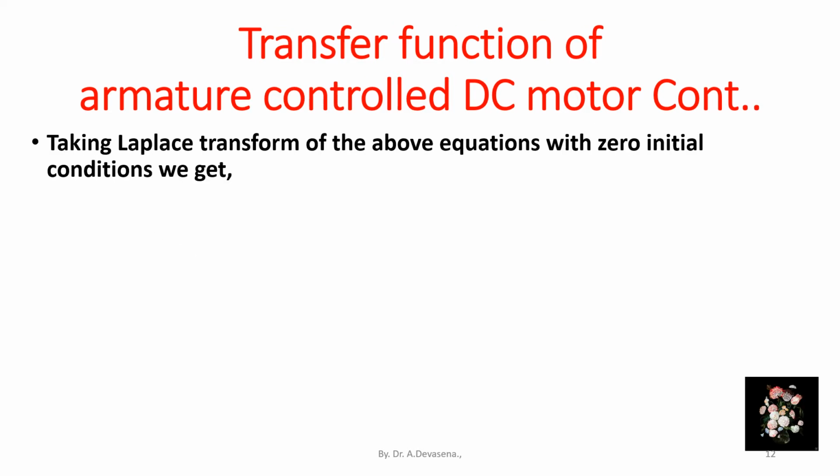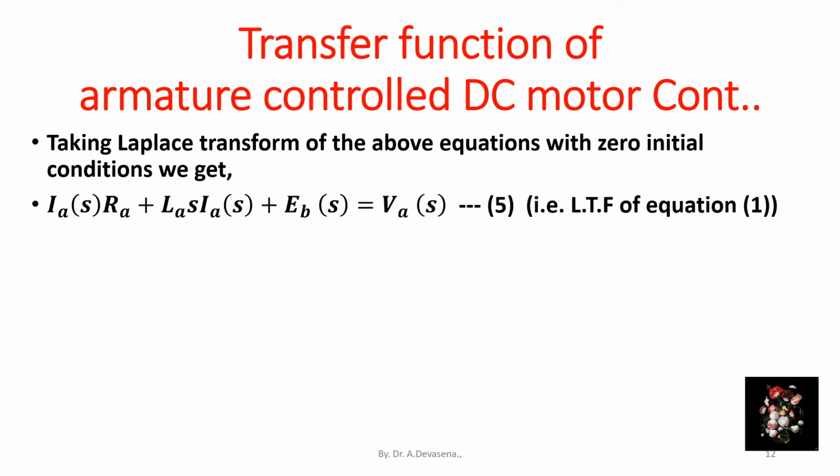Taking the Laplace transform of the above equations with zero initial conditions, we get I_A(s) R_A plus L_A s I_A(s) plus E_B(s) is equal to V_A(s). Consider this as equation 5.